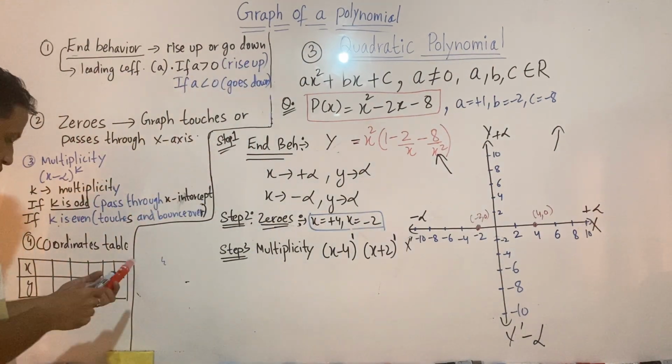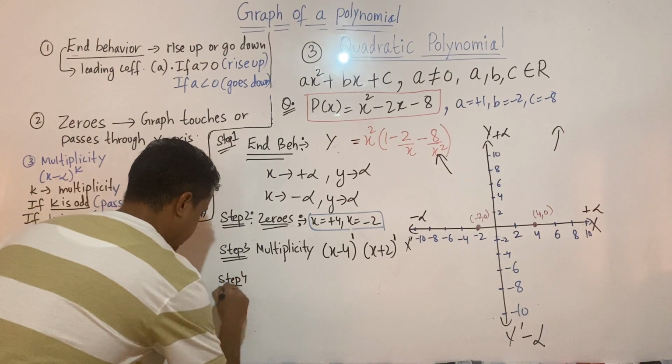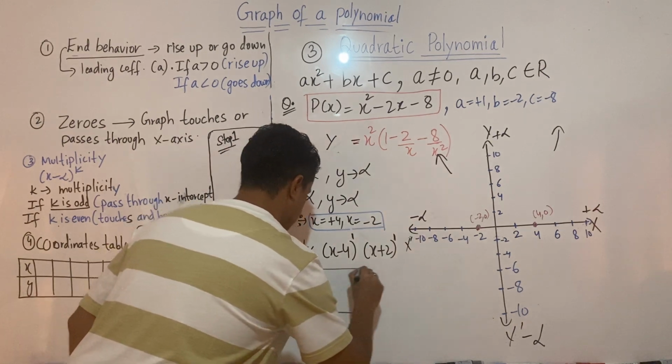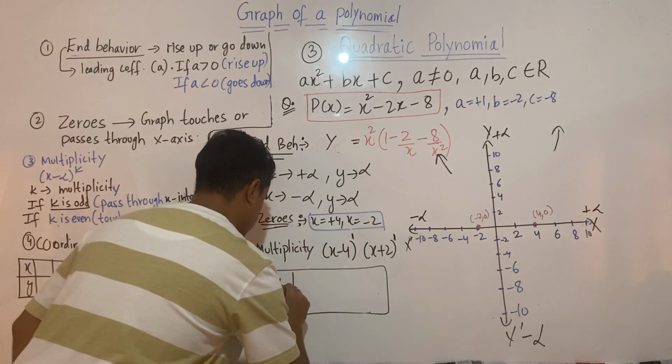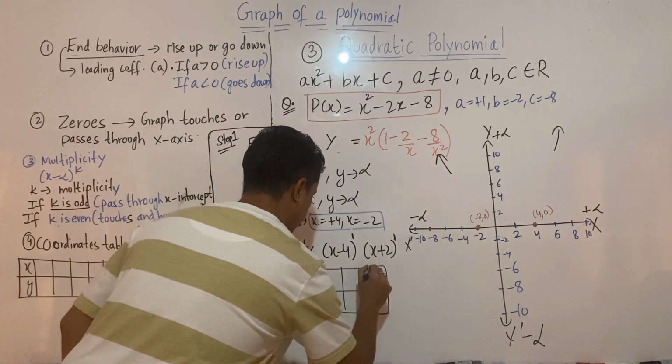Then now step 4 is we have to draw the coordinate table. Okay, just throw in different values of x and check what's going to be the value of y.